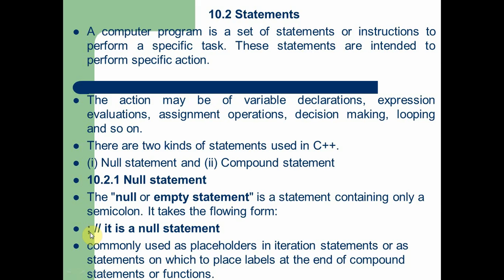That means it is a place for some upcoming statements, commonly used as a placeholder in an iteration statement, or as a statement on which to place labels at the end of a compound statement or function. So the null statement is written with the symbol called semicolon. This symbol is otherwise called a punctuator. It means terminates. This is the symbol we use at the end of each statement. So it simply ends that particular line.